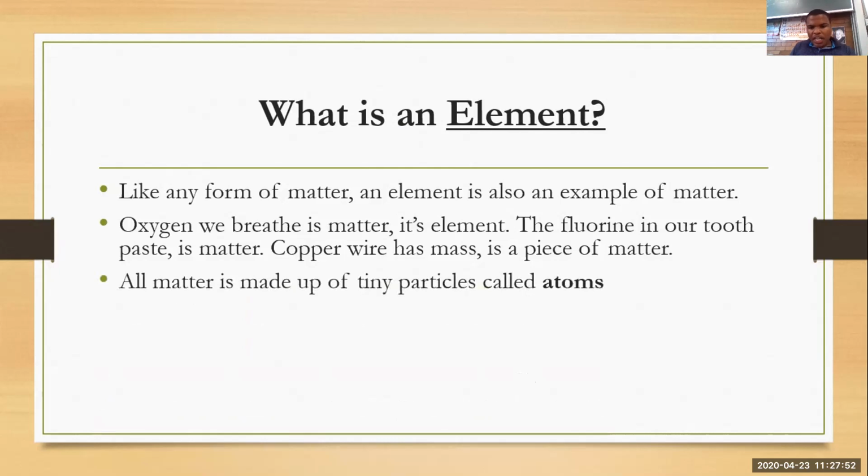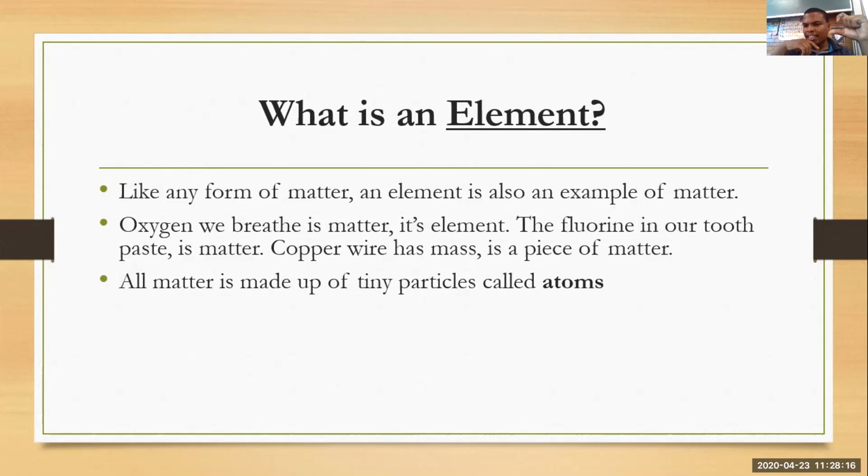All matter is made up of tiny particles called atoms. An element is an example of matter, and we've said that atoms make up matter. So that simply means an element, as an example of matter, is also made up of atoms.